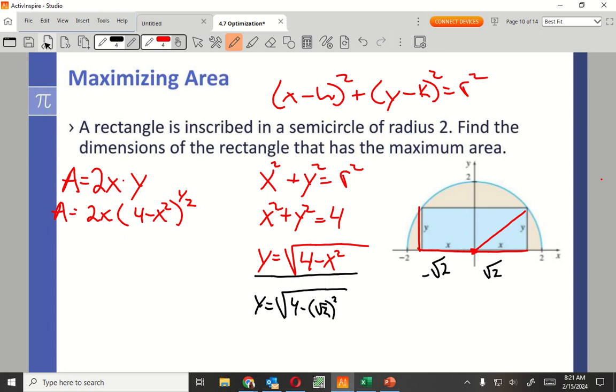What's the problem with that? Too many square roots. Well, too many square roots? Okay, so inside, what is the square root of 2 squared? It's just 2. Just 2. 4 minus 2? 2, right? 4 minus 2 is 2, and then I have the square root of 2.